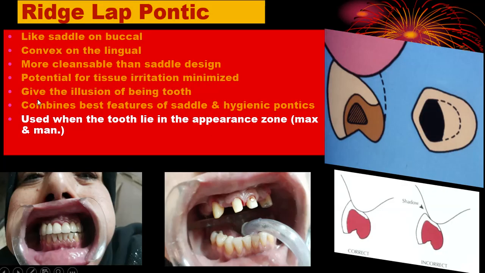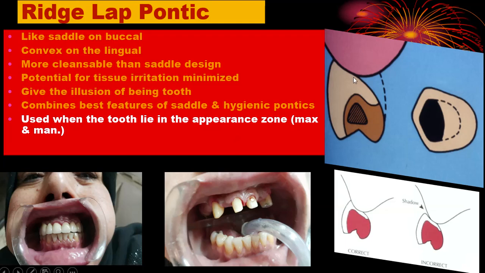Another pontic design we have is the regular pontic. Here, as we see, it is like the saddle, only we remove the lingual extension of the pontic. By removing the lingual extension, the lingual area becomes more convex, and more cleanable than the saddle design.